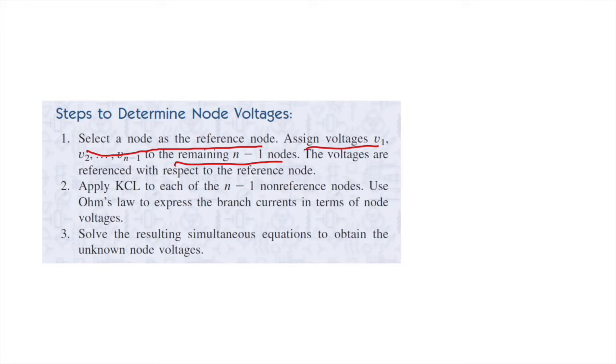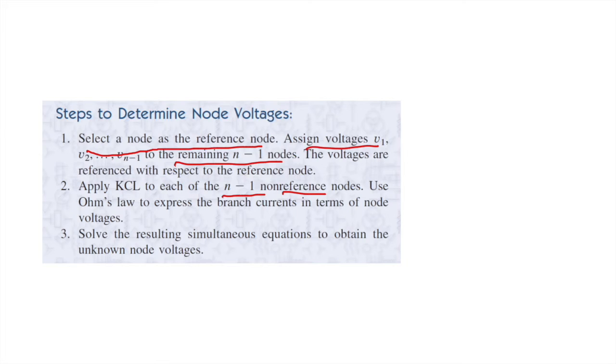Second, apply KCL to each of the n-1 non-reference nodes. Use Ohm's law to express the branch currents in terms of the node voltages. Finally, solve the resulting equations to obtain the unknown node voltages.